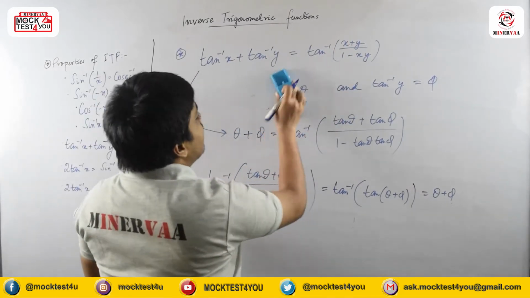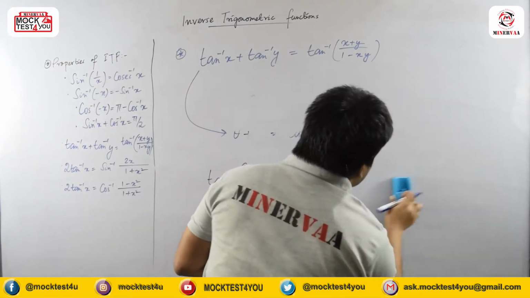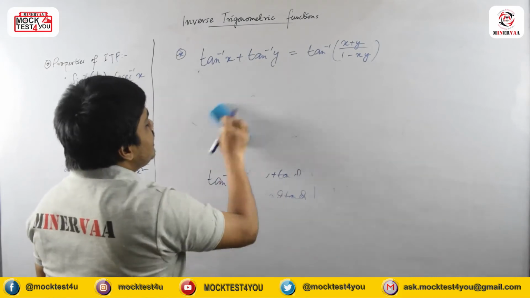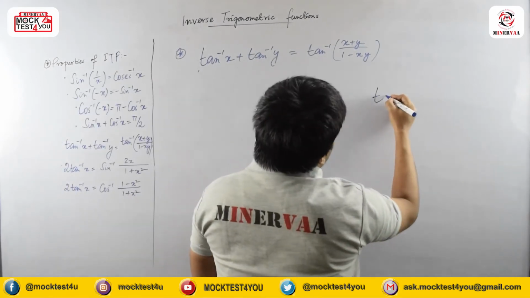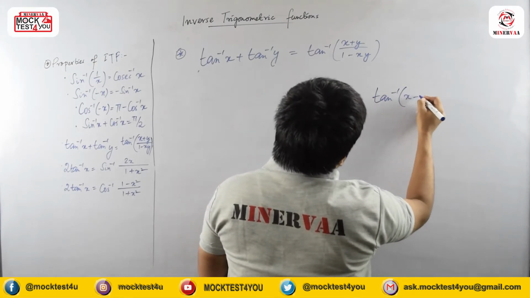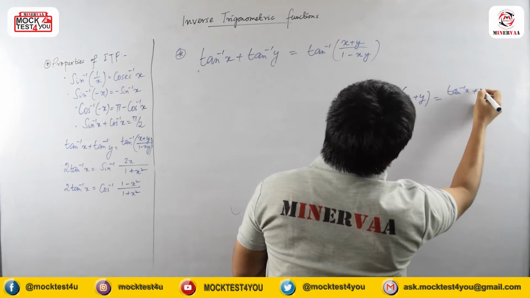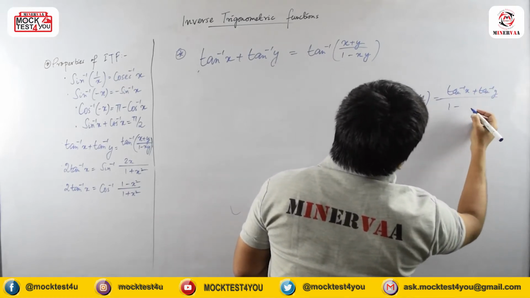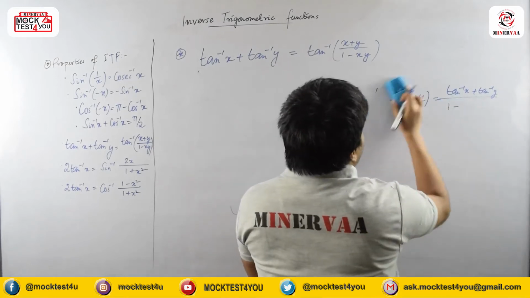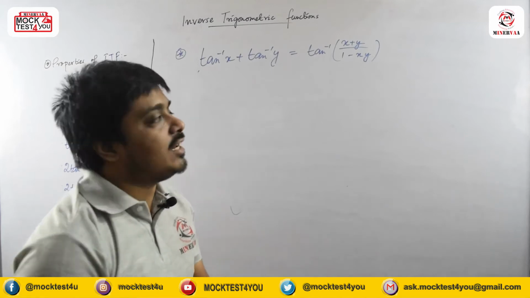xy). Now the same thing in class 11, we knew that formula. I'm sorry, I'm making a mistake, there will be no inverse here. In class 11 we haven't learned inverse.